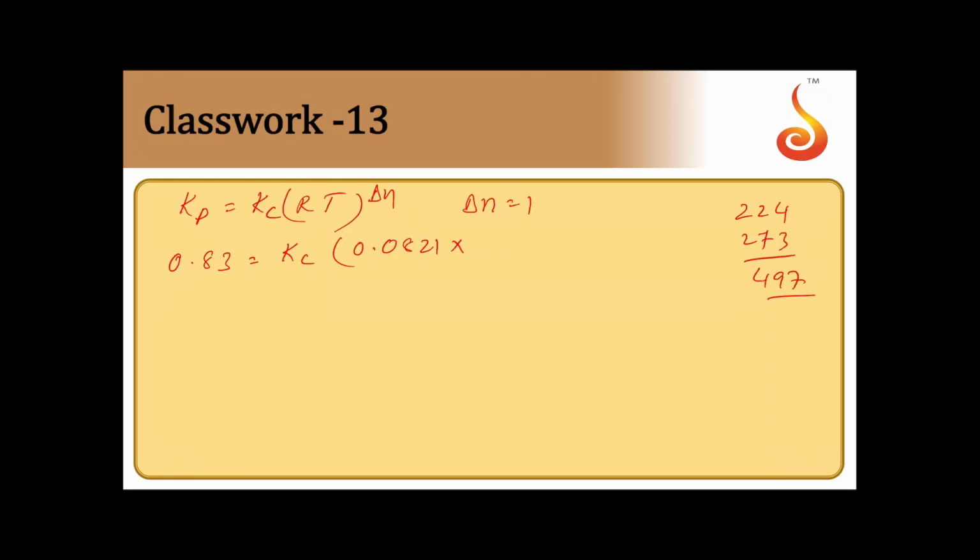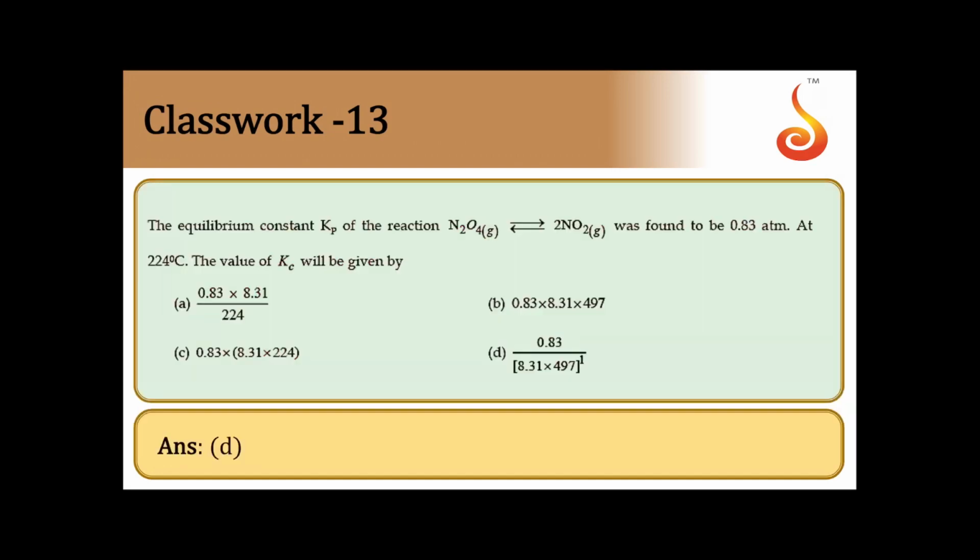So into 497. Delta n is equal to 1. So we require the value of Kc. So Kc is equal to 0.83 by 0.0821 into 497. So therefore option is D. So D is the answer.